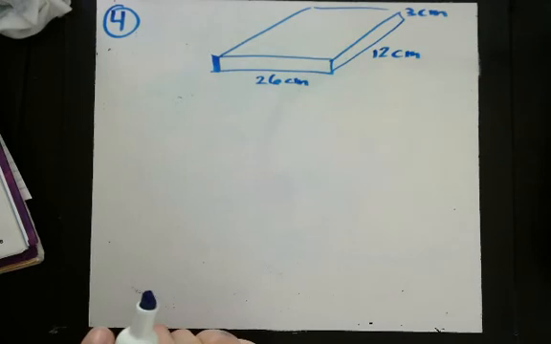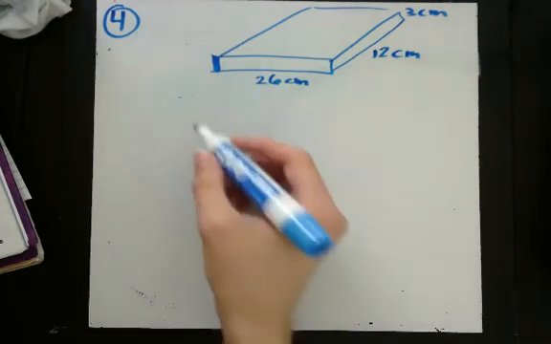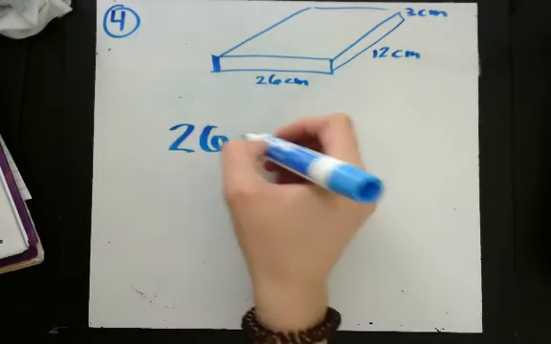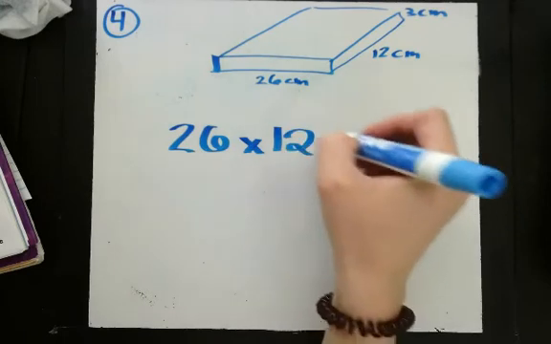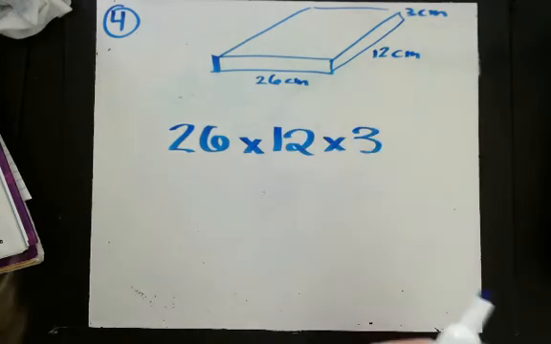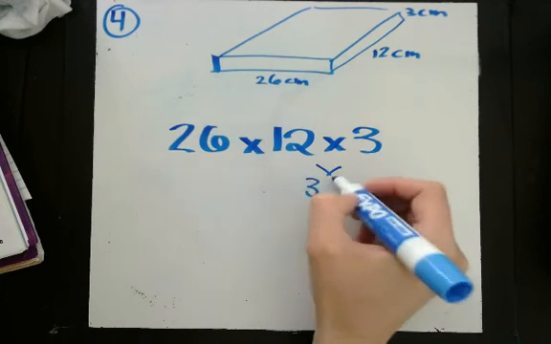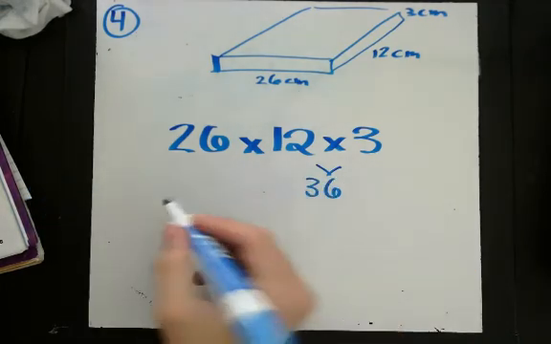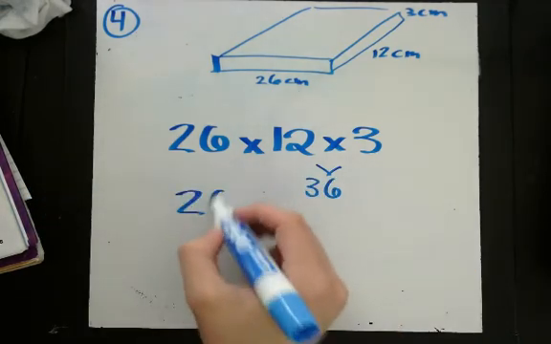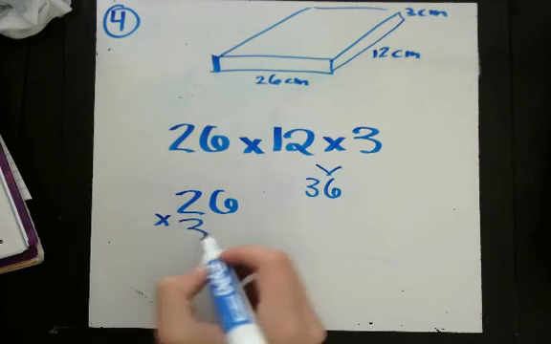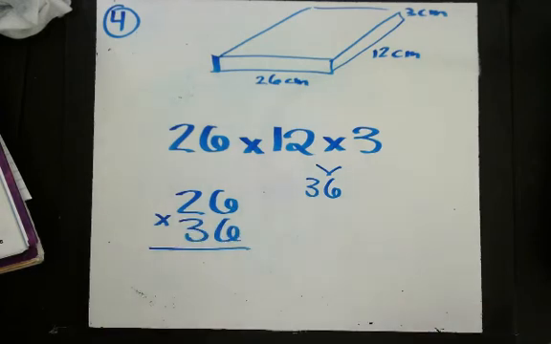So write out the equation. 26 times 12 times 3. I know that 12 times 3 is 36, so I'm doing 26 times 36. Go ahead and pause and solve that on your own and come back and check.